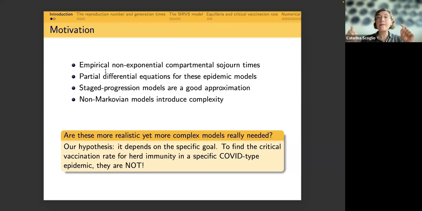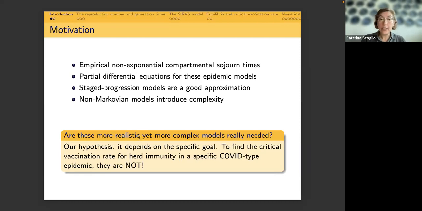Each of these will have an exponential sojourn time, but all together they can approximate the needed empirical distribution. However, even under this approximation, this non-Markovian model definitely introduces complexity.